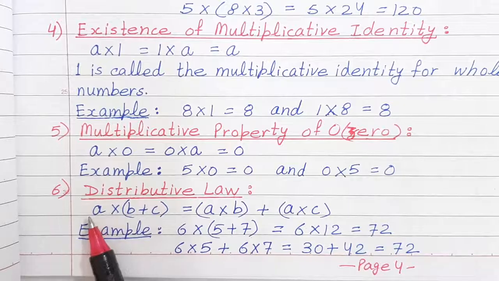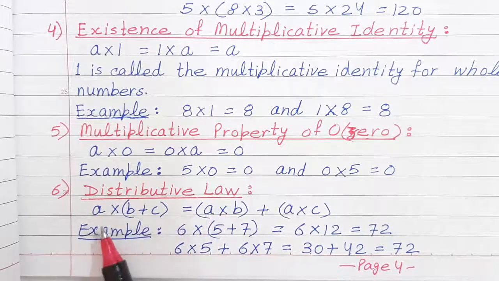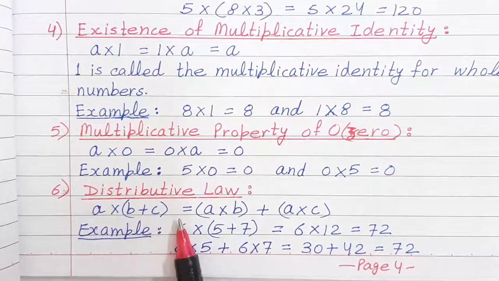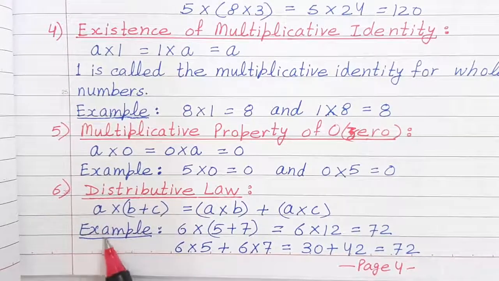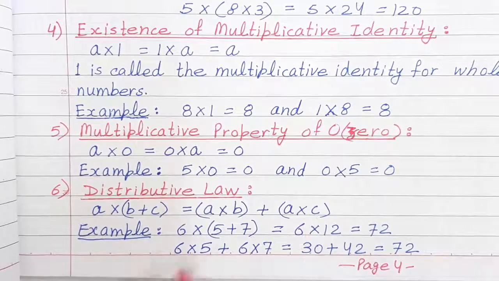Now the next property is distributive law. A multiplied by (B plus C) within the bracket is equal to, now open up the bracket, A multiplied by B plus A multiplied by C. Right? For example, 6 multiplied by (5 plus 7).